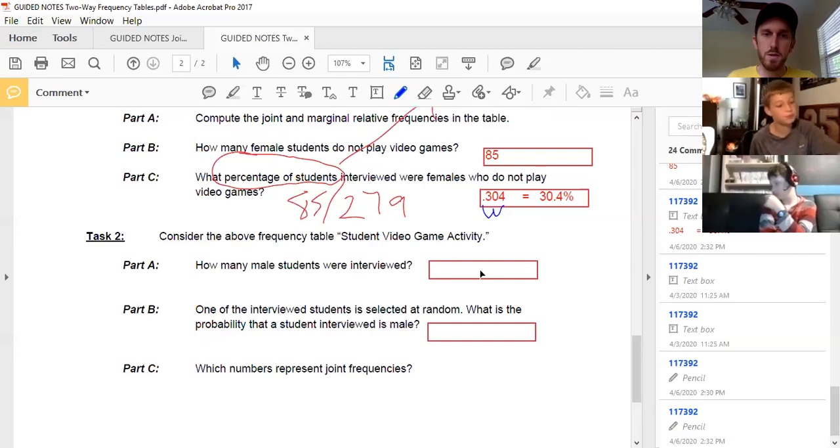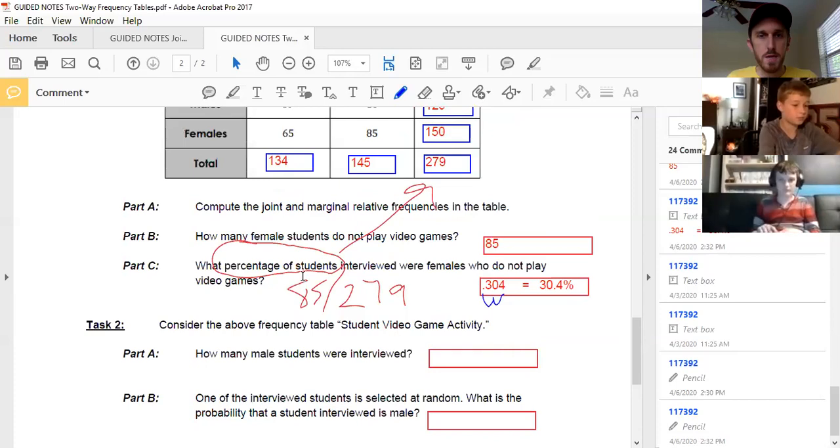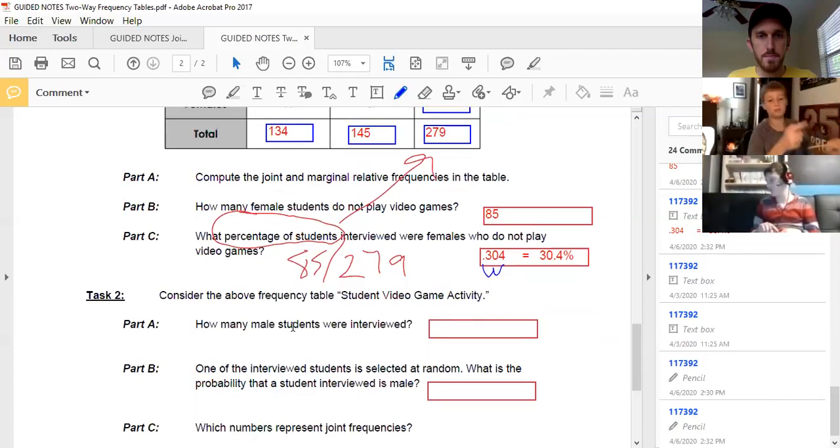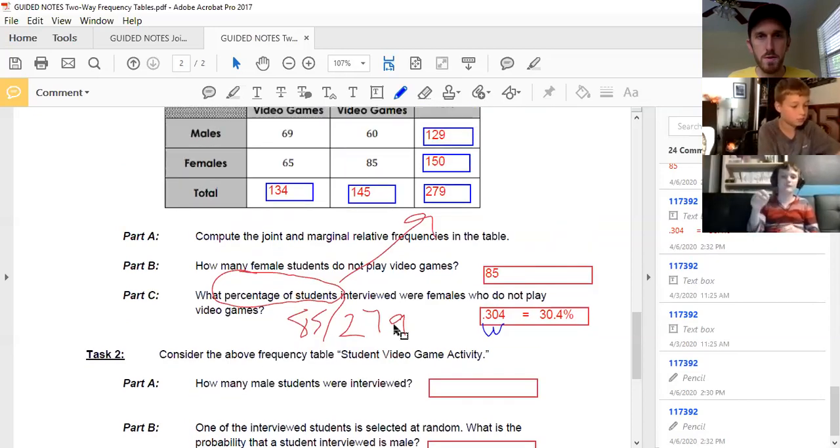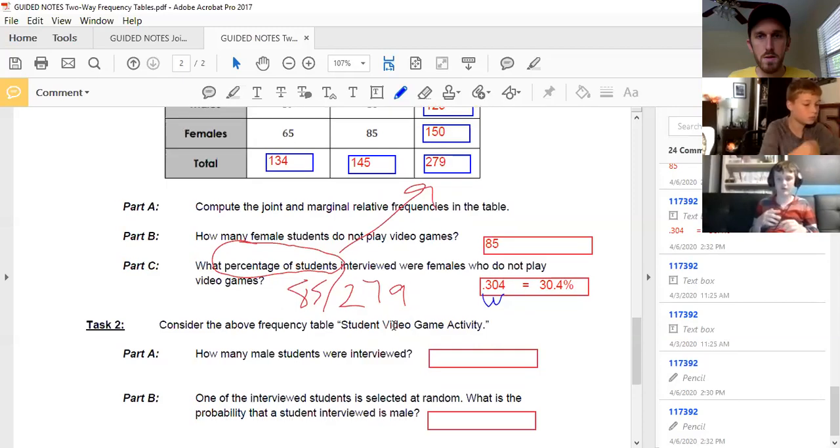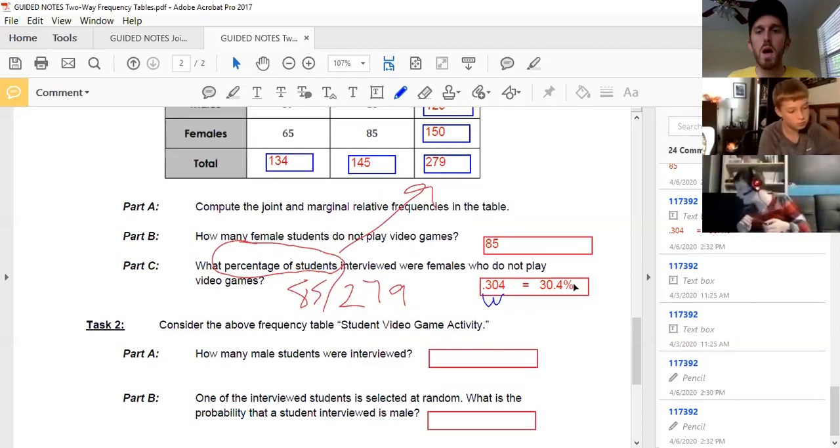All right, cool. Just 2 more questions. It's 0.3046, so rounded it'd be 30.5. In the previous question, I said 30.4% rounded, but the actual percentage is 0.3046, so rounded it'd be 30.5.